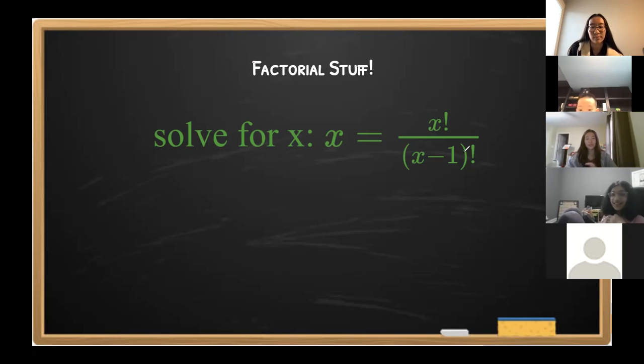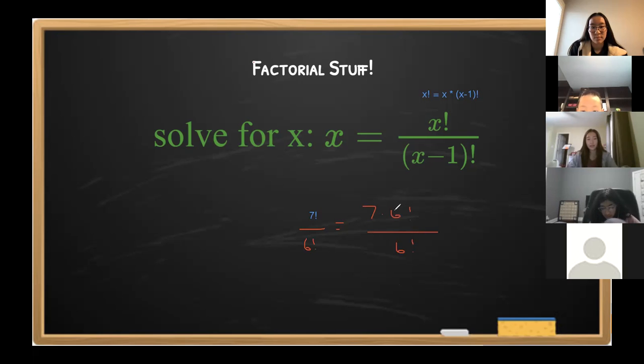Let's think about it. On the right we have x factorial over a number that's 1 less than x factorial. When we use actual numbers, we could do 7 factorial over 6 factorial. The top number would be 1 bigger than the bottom number. Like we did in the other one, they're all going to have the same factors, except the numerator will have one more number.